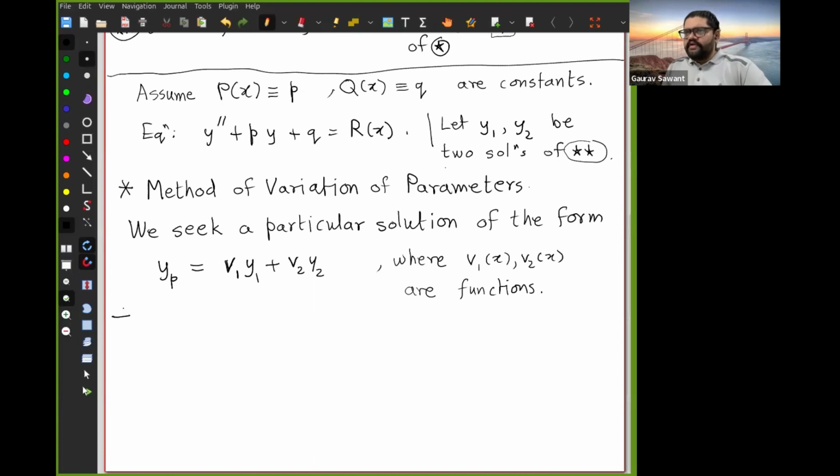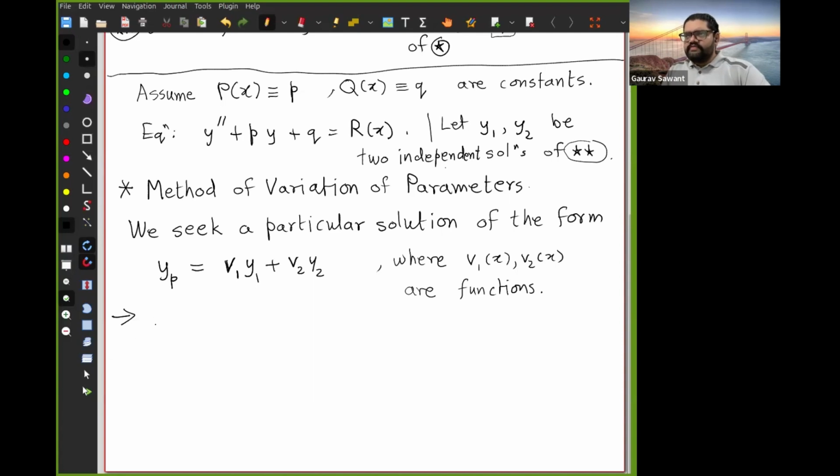So what we know is that, let me just make a little correction here, y1, y2 are linearly independent solutions of this. If we have independent solutions, then I know that the Wronskian corresponding to those solutions is a non-zero function.